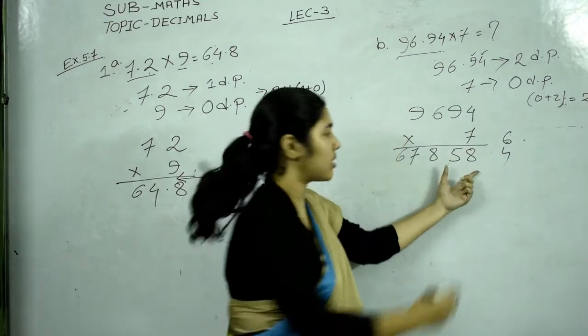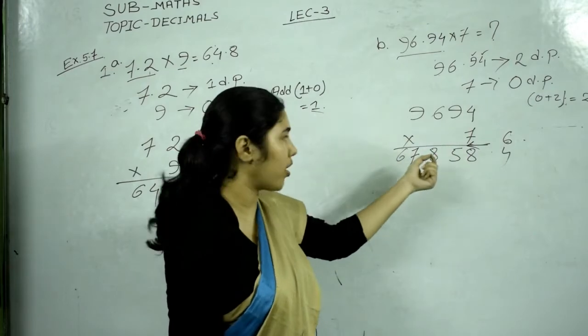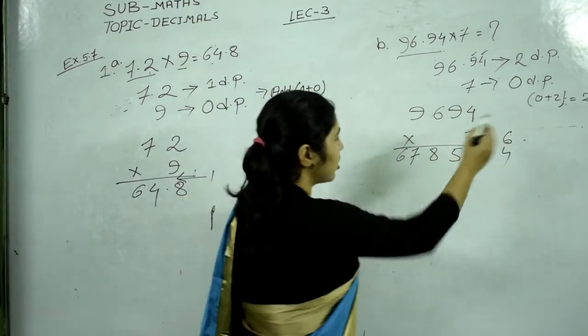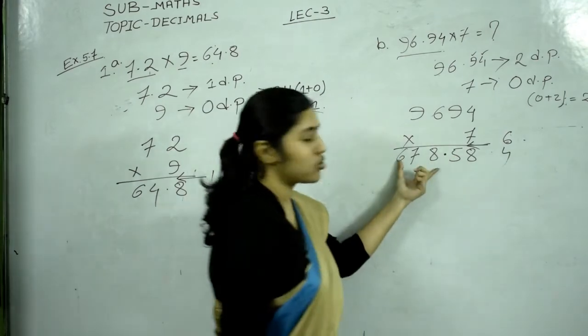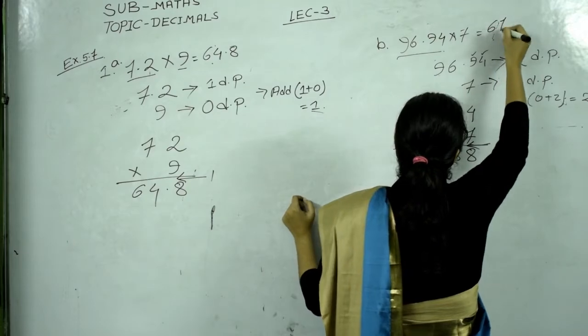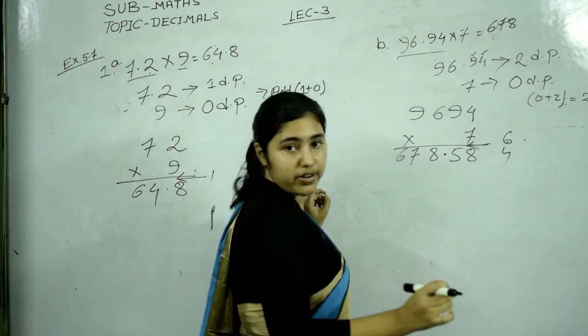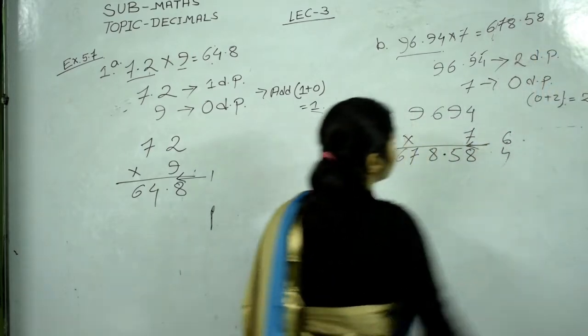Same, insert the decimal point from the right at 2 decimal places. So 1, 2. So our answer is 678.58.